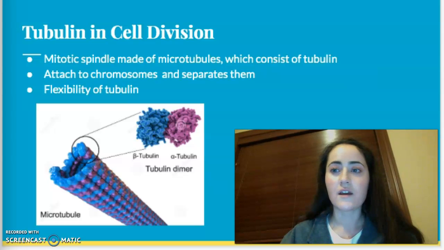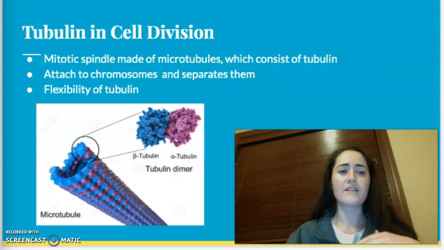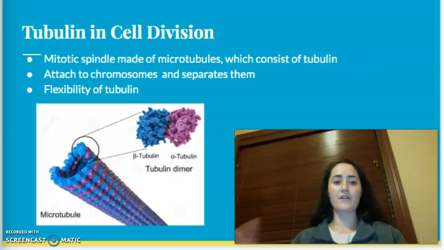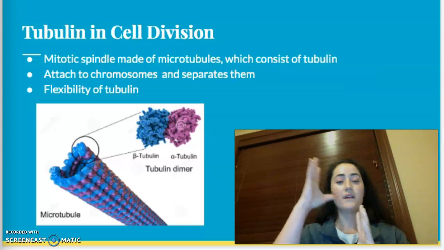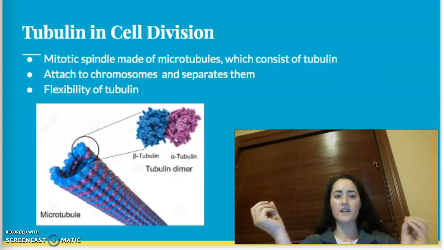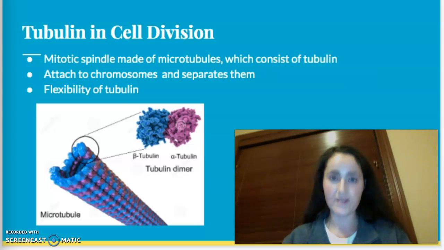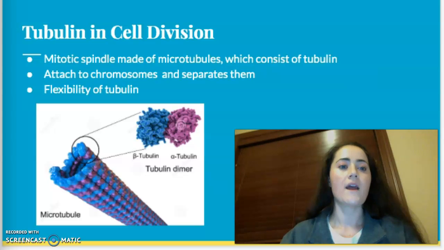Next I am going to go over this process a little bit more in depth. Microtubules are going to attach to the chromosomes, and then they're going to be aligned in the center of the cell. The tubules are going to shorten, and the chromosomes are going to be moved to opposite poles, hence moving to the two daughter cells.